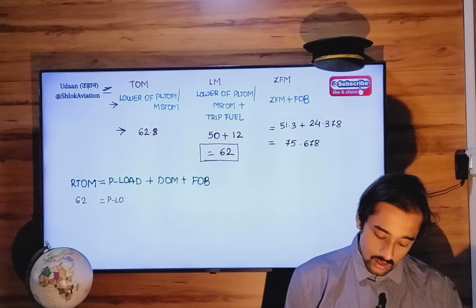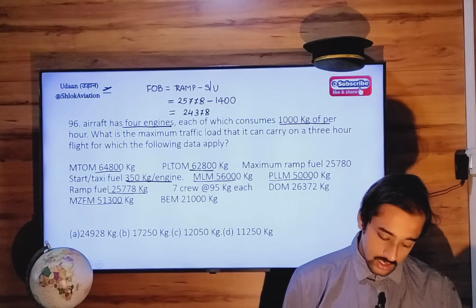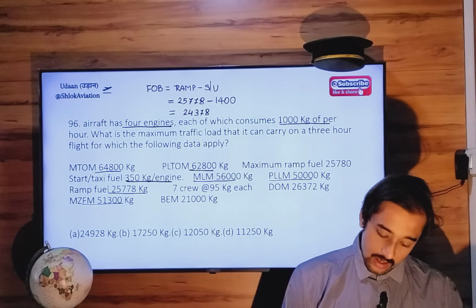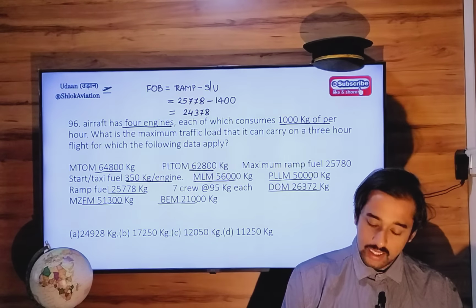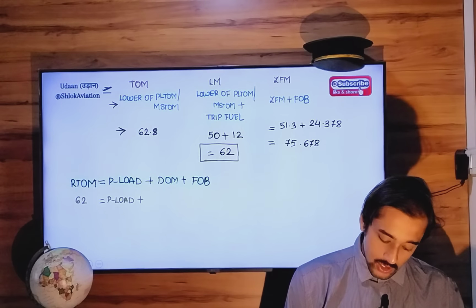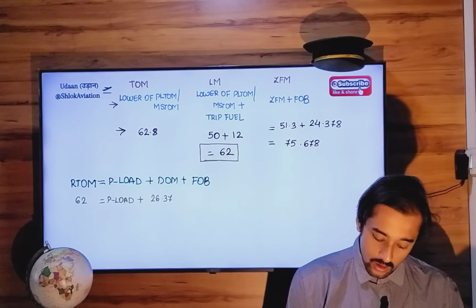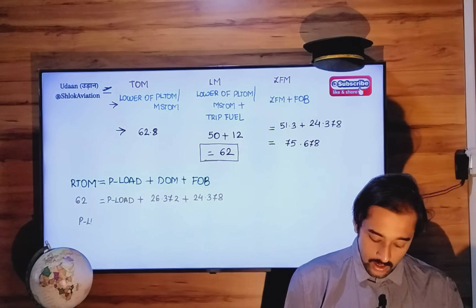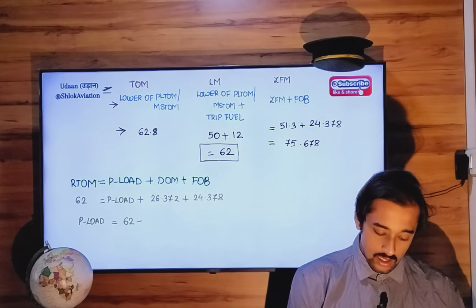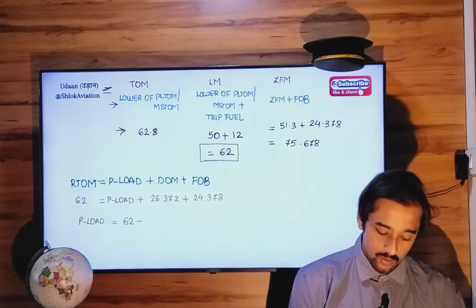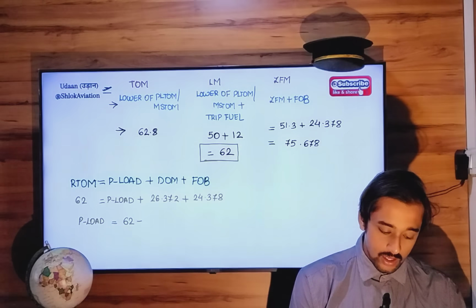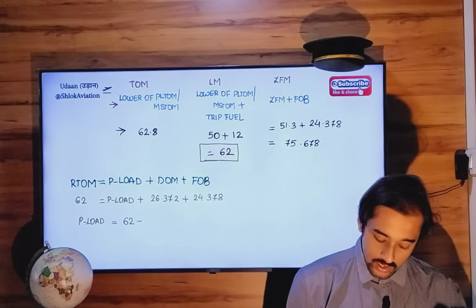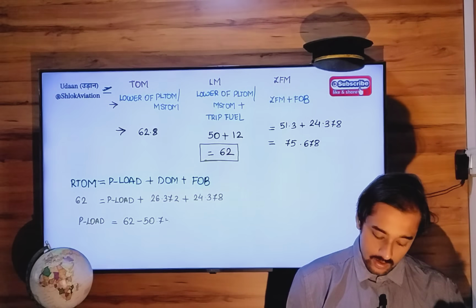Payload is unknown. Dry operating mass is given here as 26,372. So 26.372 plus fuel on board 24.378. Therefore, payload will be equal to 62 minus 26.372 plus 24.378, which is 50.75.